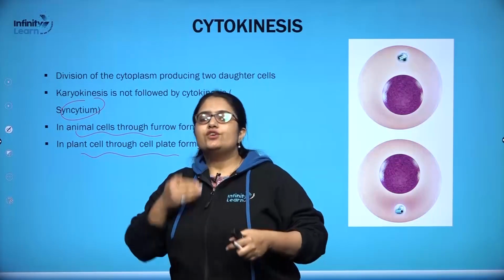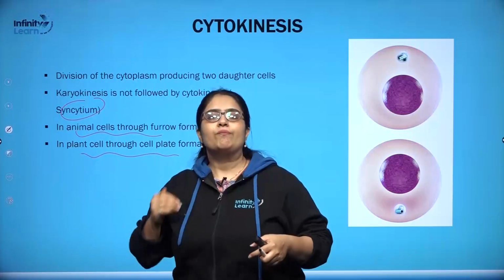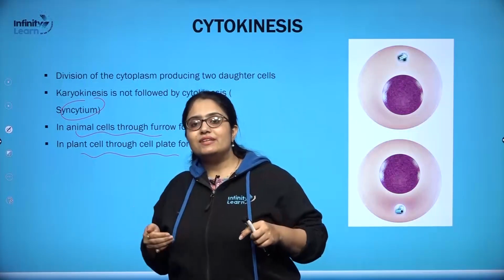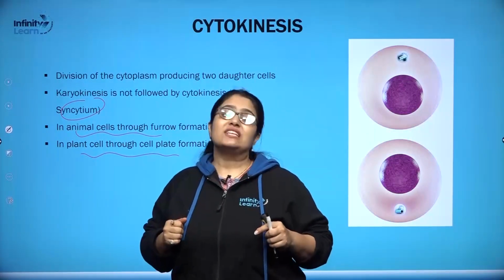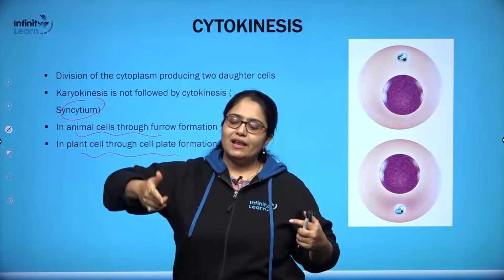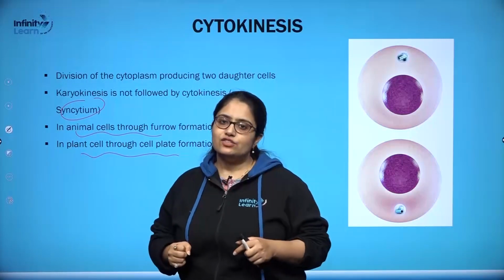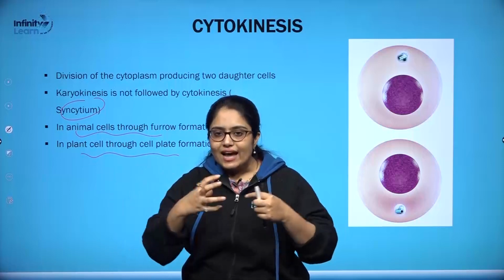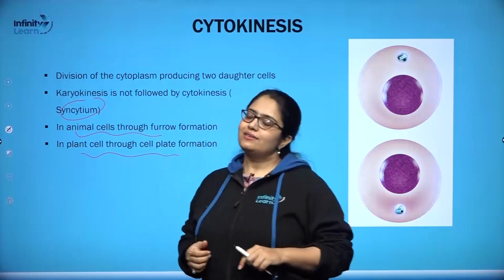Just inner to the middle lamella there will be formation of primary cell wall, and when a plant cell matures, inner to the primary cell wall there will be deposition of secondary cell wall material in 2 to 3 layers. But remember, first the middle lamella is laid, which is a cementing layer which glues or attaches the neighboring plant cells.